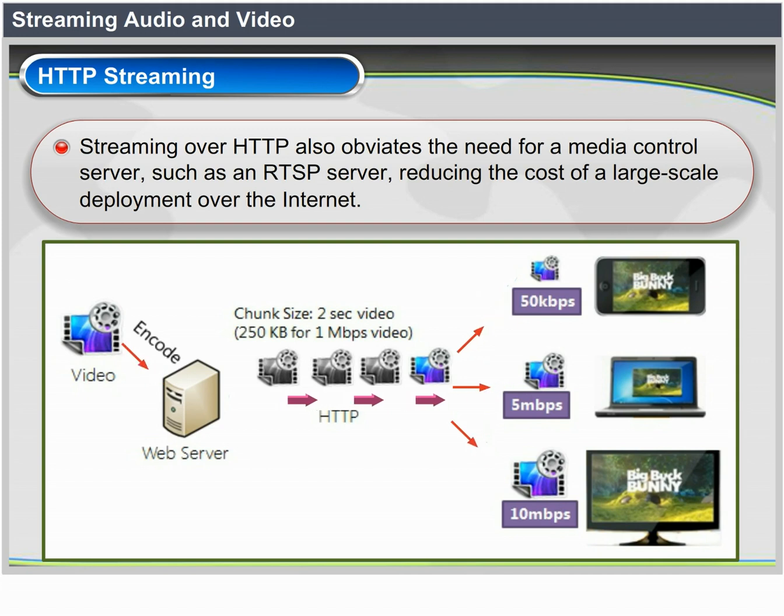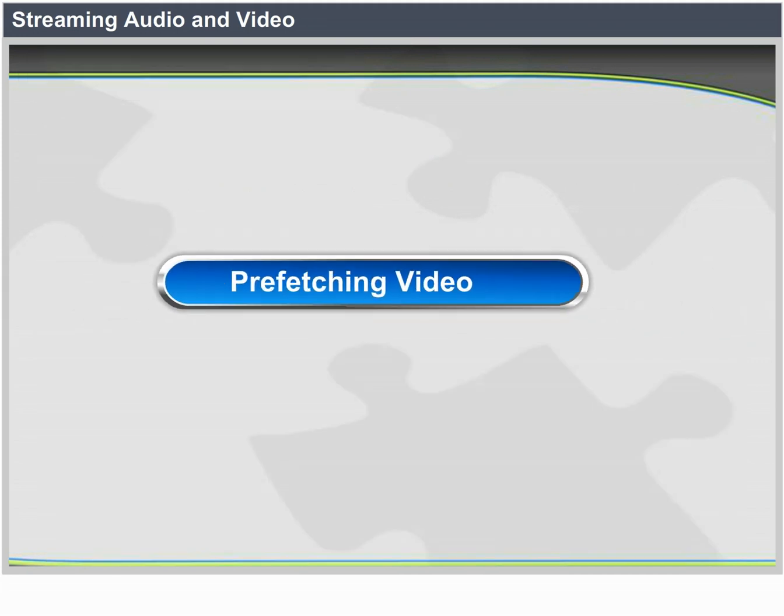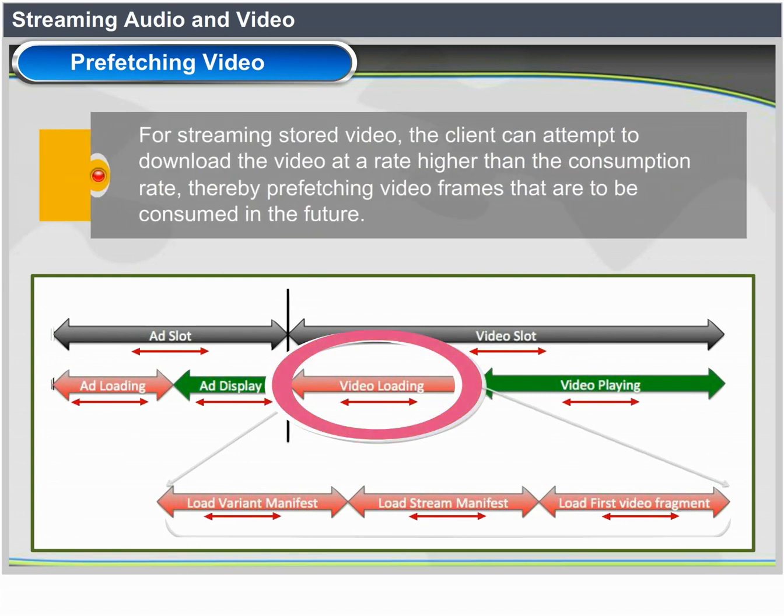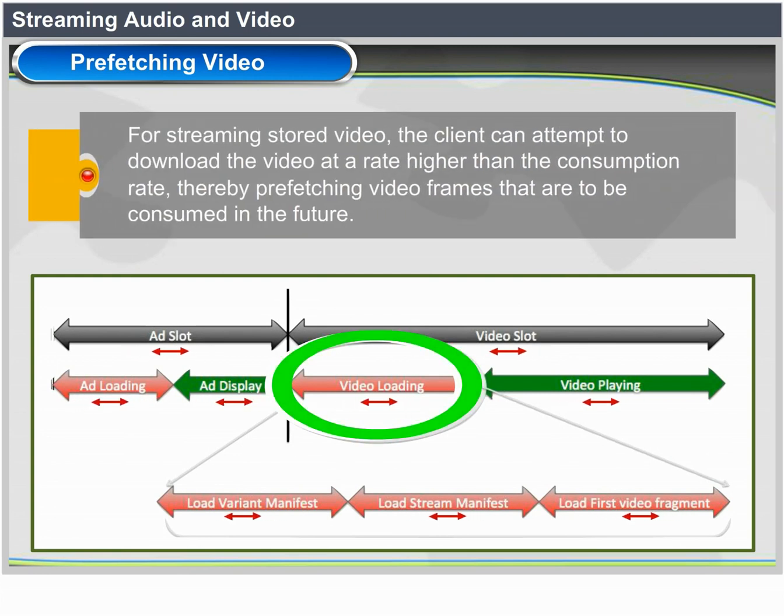Prefetching video. Client-side buffering can be used to mitigate the effects of varying end-to-end delays and varying available bandwidth. For streaming stored video, the client can attempt to download the video at a rate higher than the consumption rate, thereby prefetching video frames that are to be consumed in the future.